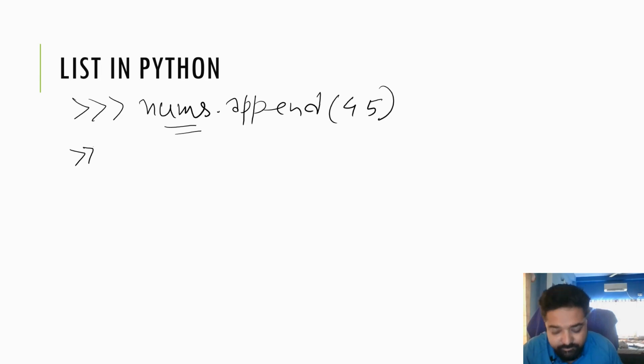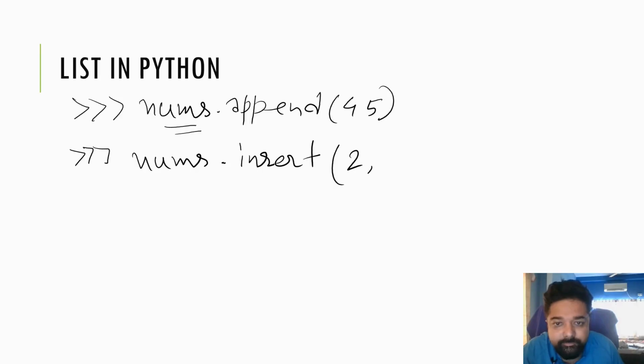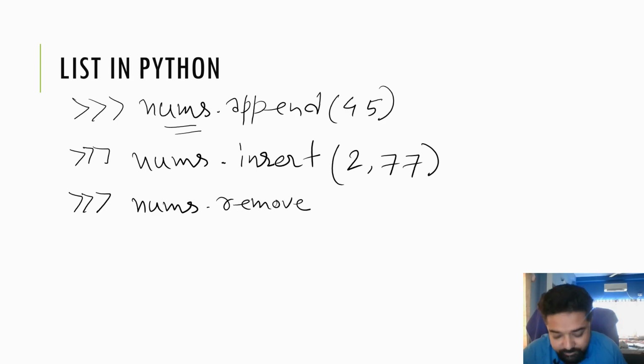Okay, if I write insert, suppose 77, it will be inserted at that particular position in between. Now if you want to remove any value, suppose 14, it will remove that particular value.